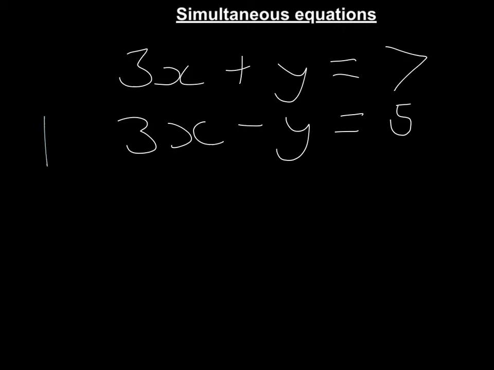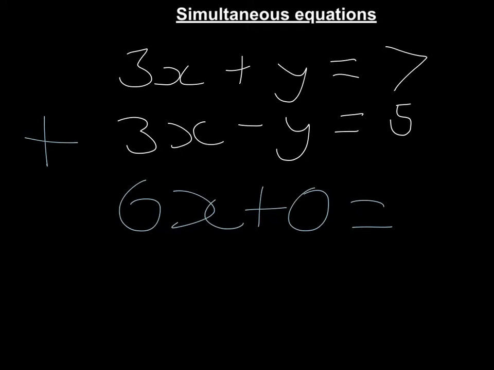So I'm going to write an add on the left-hand side, so I know what I'm doing. And that means that all of this is being added to everything up here. 3x plus 3x gives me 6x, and y plus minus y is the same as y take away y, which is equal to 0. 7 plus 5 is equal to 12, so x is equal to 12 divided by 6, because 6x means 6 times x, we take it to the side to become a divide.